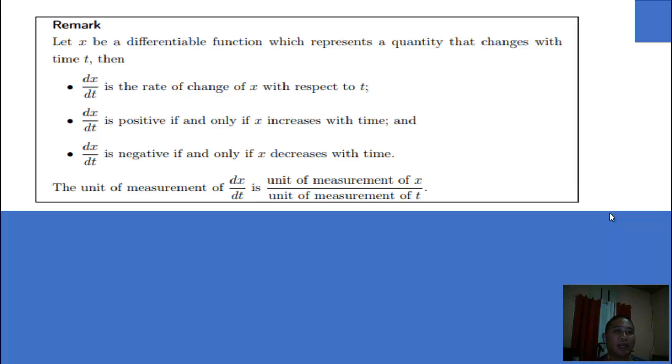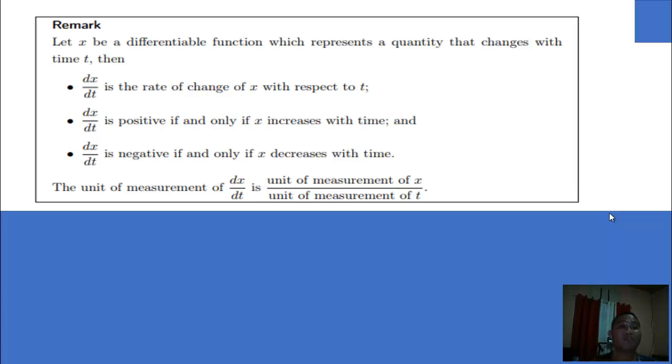Let x be a differentiable function which represents a quantity that changes with time t. So then, dx over dt is the rate of change of x with respect to t, or time. dx over dt is positive if and only if x increases with time, and dx over dt is negative if and only if x decreases with time.